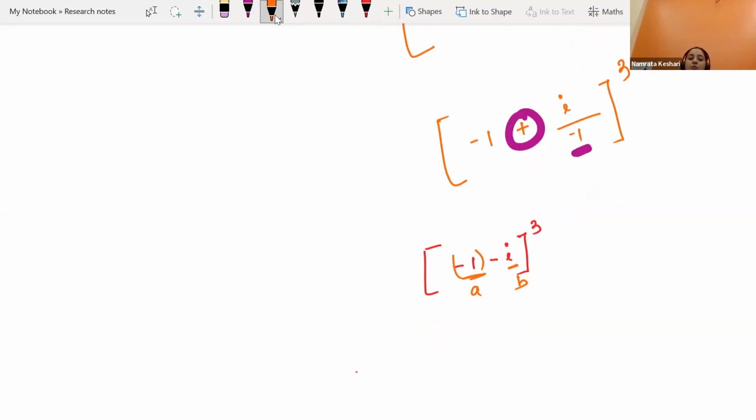The formula is a cube minus b cube. Here minus, tell me, what shall I write? In the previous class we were talking about this formula, (a minus b) whole cube.